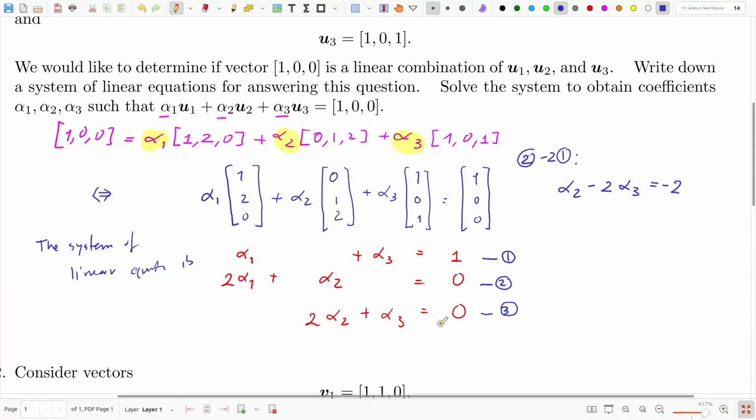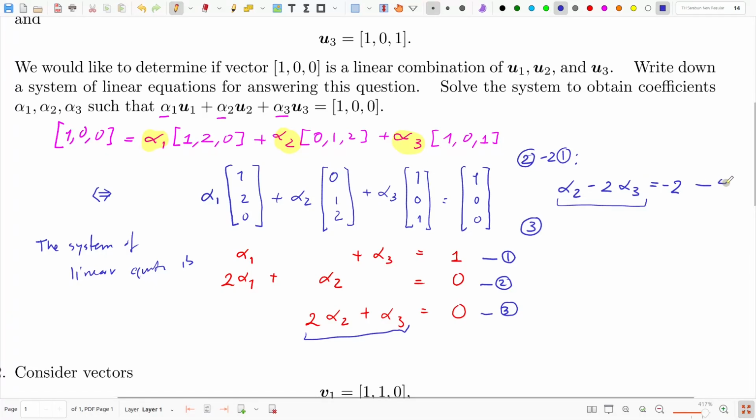Then I have this equation and this equation, so I can multiply this by 2 and subtract. Let's call this equation 4.